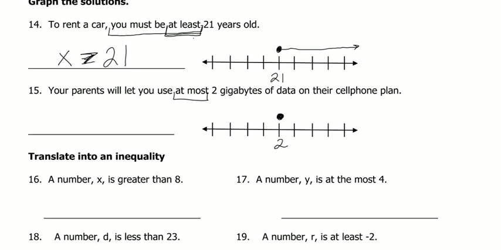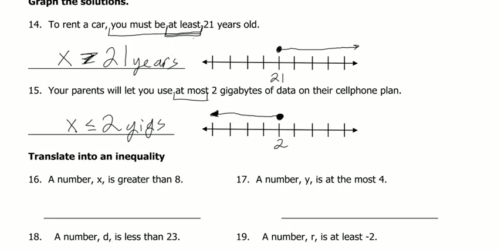So let's stay under 2 gigs, right? That's going to be off in this direction. So that's going to be x less than or equal to 2 gigs. And up here it was 21 years. Just to make sure to put our units on there, right?